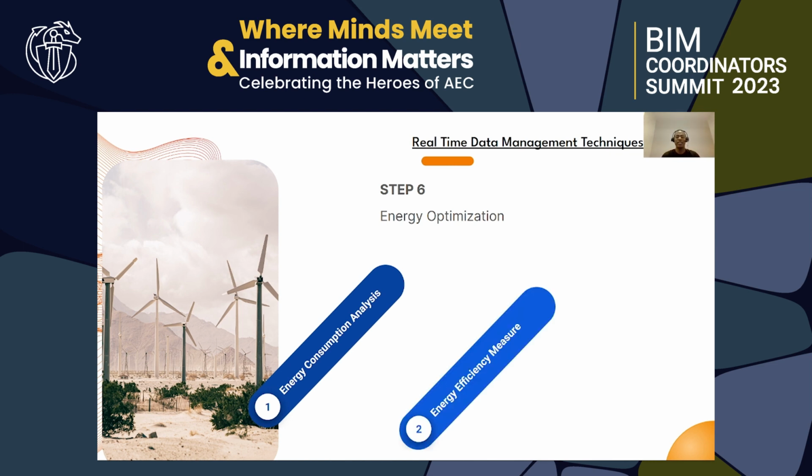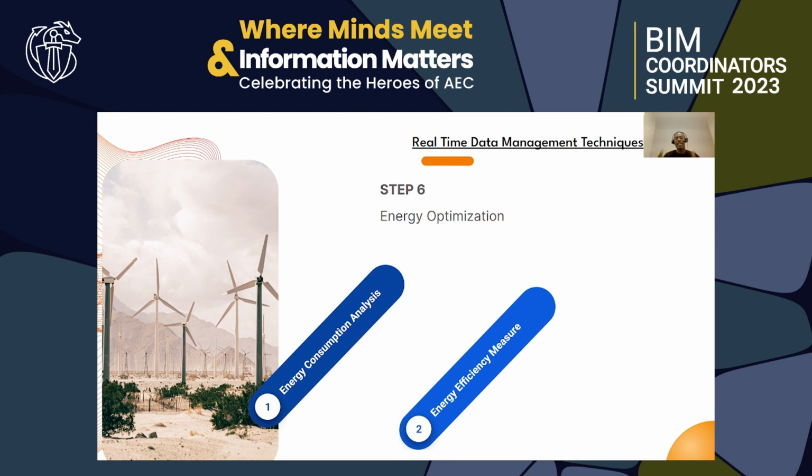The second step here is called the energy efficiency measure. So when we've been able to identify the areas that are consuming energy, there's a need for us to measure it by maybe adjusting the HVAC schedules, optimizing the lighting controls, and managing the peak demand, because it is very obvious that not every hour of the day is going to be the peak period.